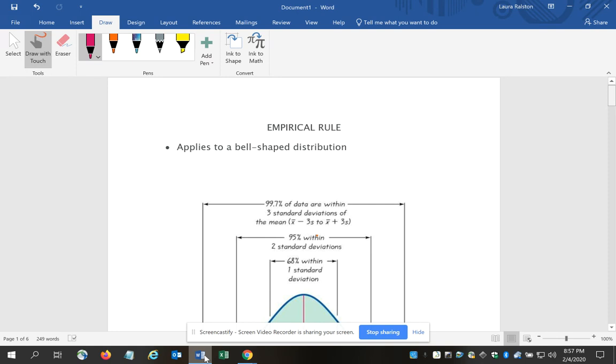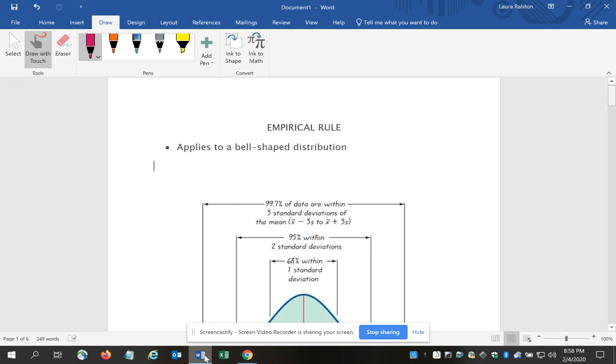Remember, the standard deviation is a measure of spread, and it talks about how different the data values are from one another. You compare each individual data point to the mean, or the average, and perform some calculations, and that gives you an idea of how much the data varies.